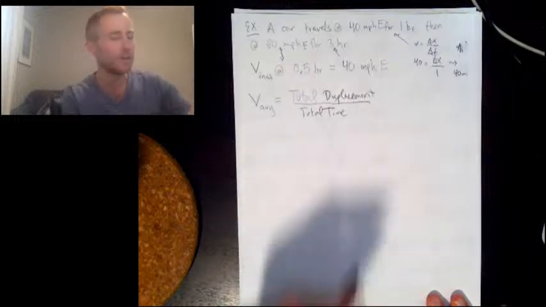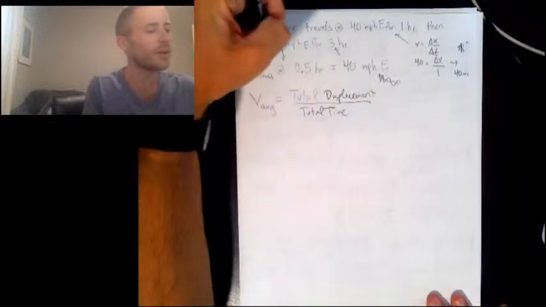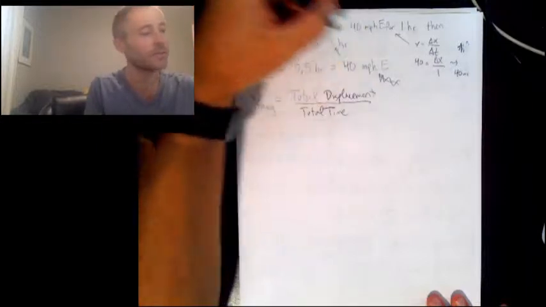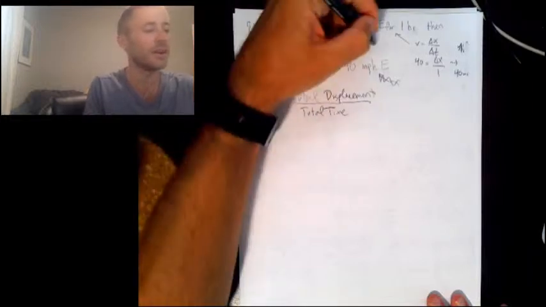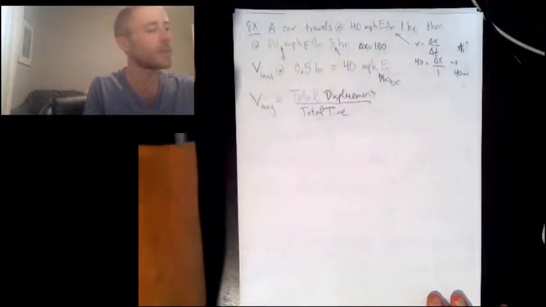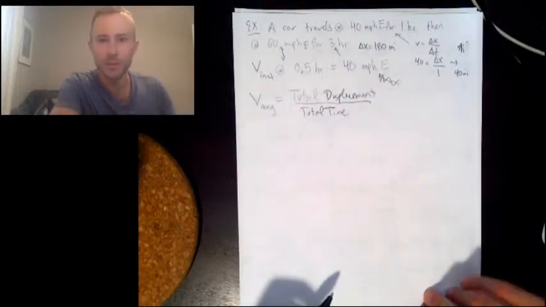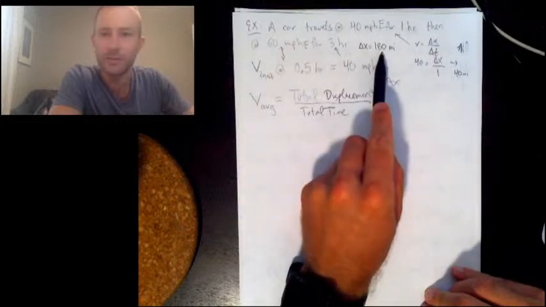Okay? For the second part, I go 60 miles per hour for 3 hours. So that means a displacement for the second part of 180 miles. Okay? So my total displacement was 40 miles plus 180 miles.